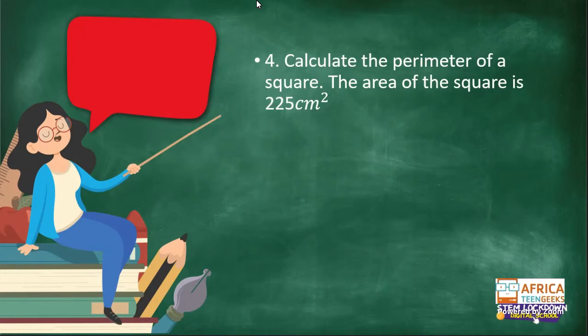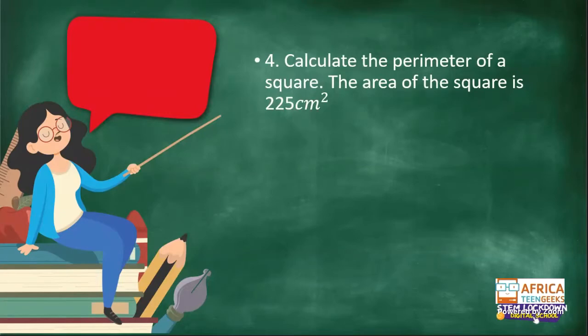Okay. So you firstly find the side, and just tell me, how did you find the side? How did you calculate the side? The square root of 225 centimeters. Exactly. So the square root of 225. And what is the square root of 225? 15. 15, yes.